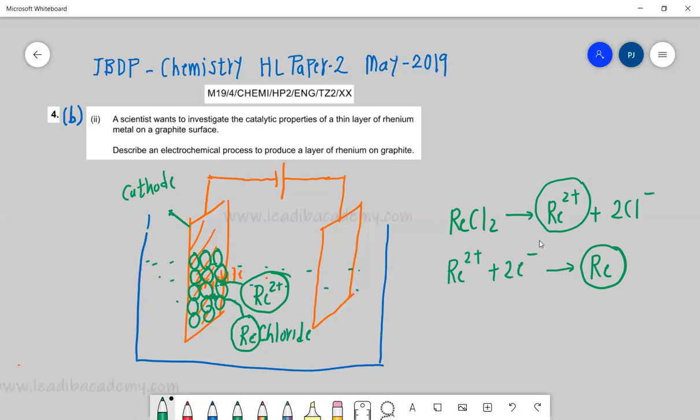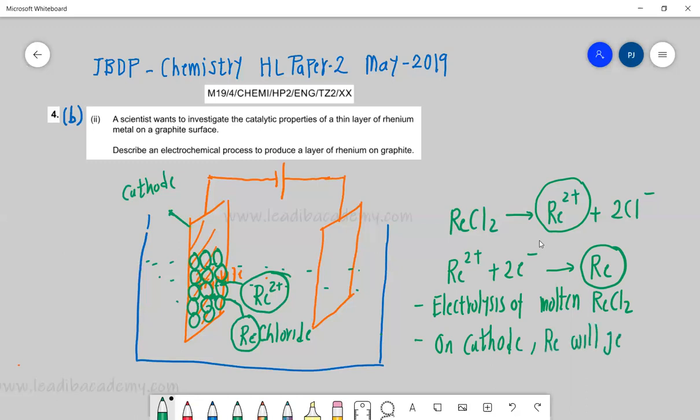So what we have done is carried out electrolysis of molten ReCl2, rhenium chloride, and then on the cathode, Re will get deposited, reduction.